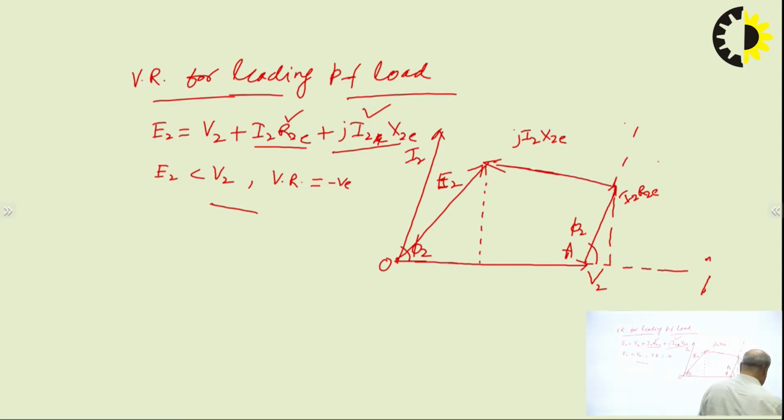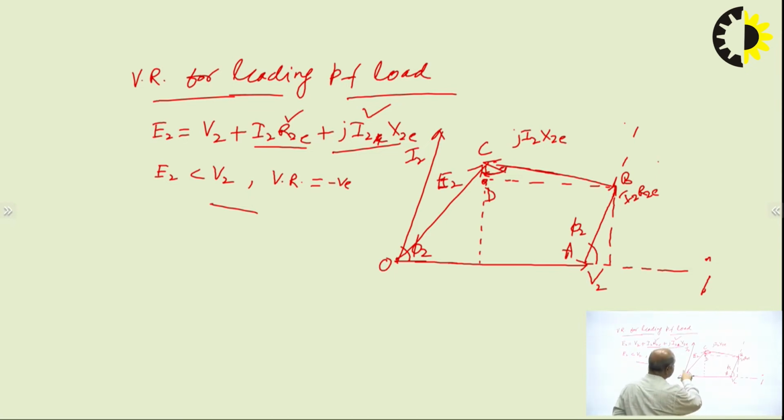Now suppose we extend this point, and suppose this point is B. We extend this point B parallel to OA. When we extend this line parallel to OA, suppose it cuts at this point, and this point is D, and this point is C. Now what can this angle be?